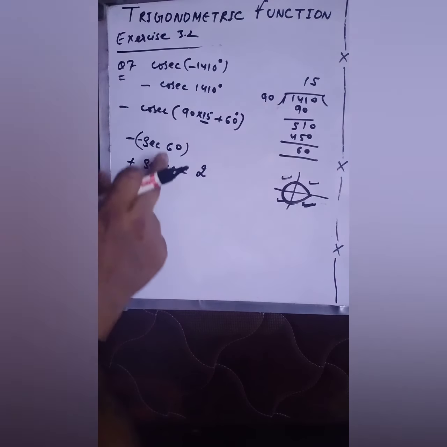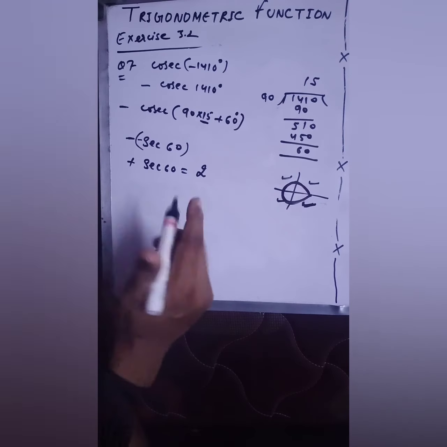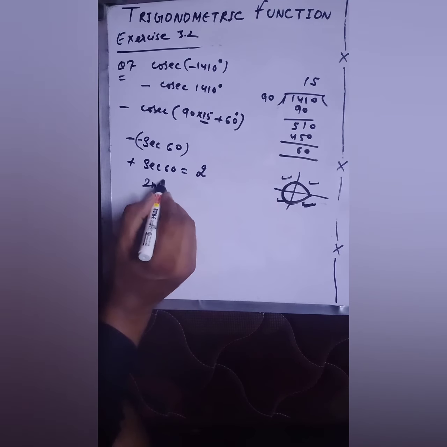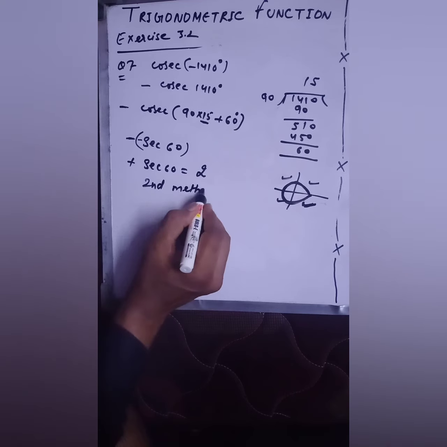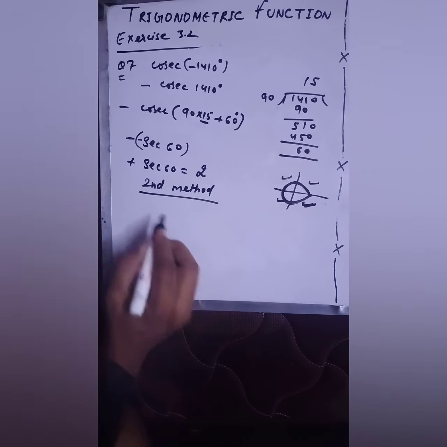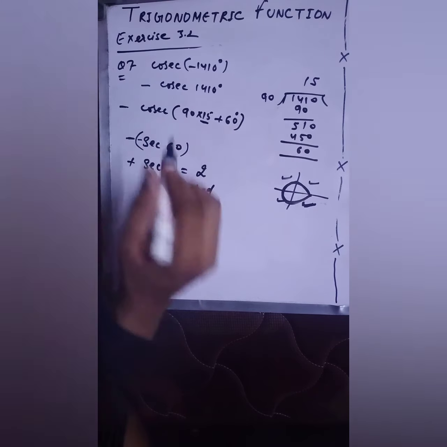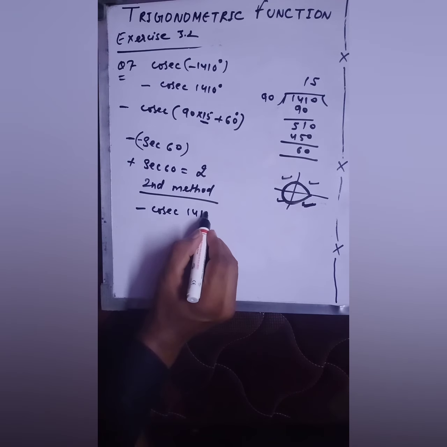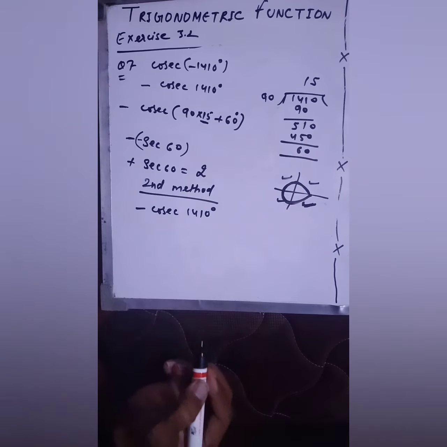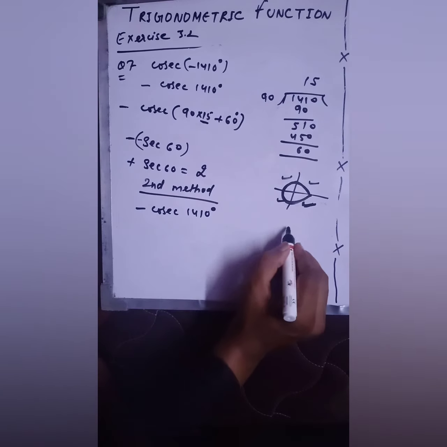If we want to solve this question by the second method, I am solving it again with the second method. So I show the cosec negative sign outside: cosec(-1410°). Now I am dividing this by 360.